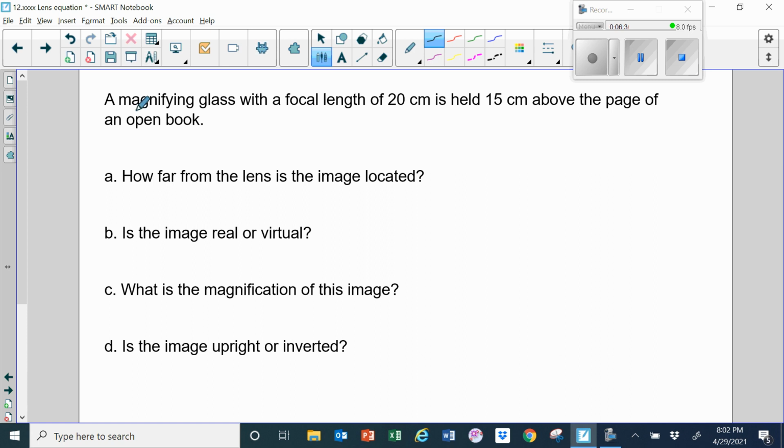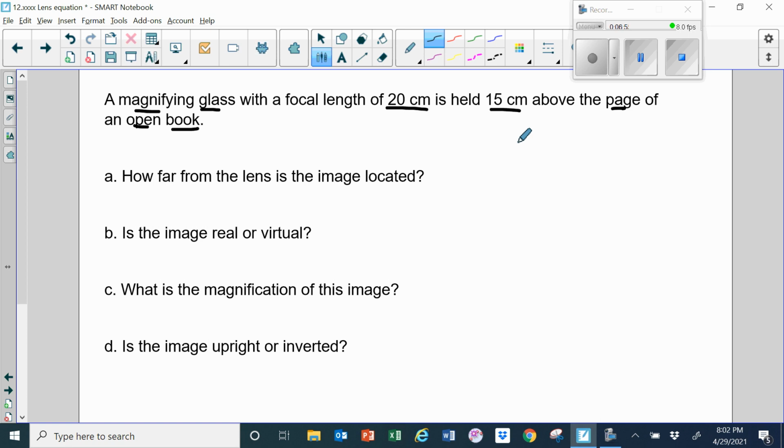So this is a magnifying glass, and it has a focal length of 20 centimeters, and it's held 15 centimeters above the page of an open book. So the object.